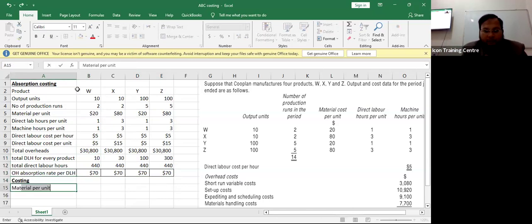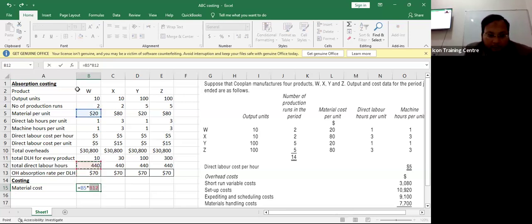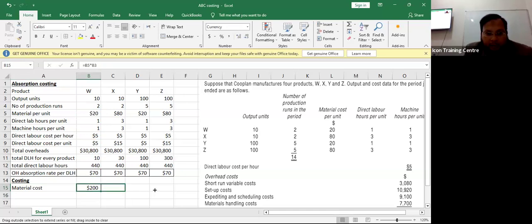First of all, we have material cost. How much is the material cost? $20, and we are producing 10 units, so it will cost us 200. For X, how much?